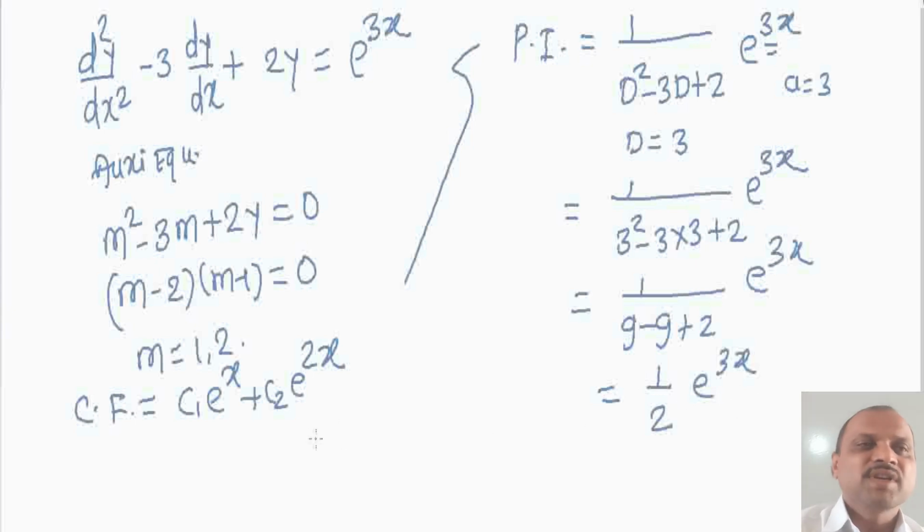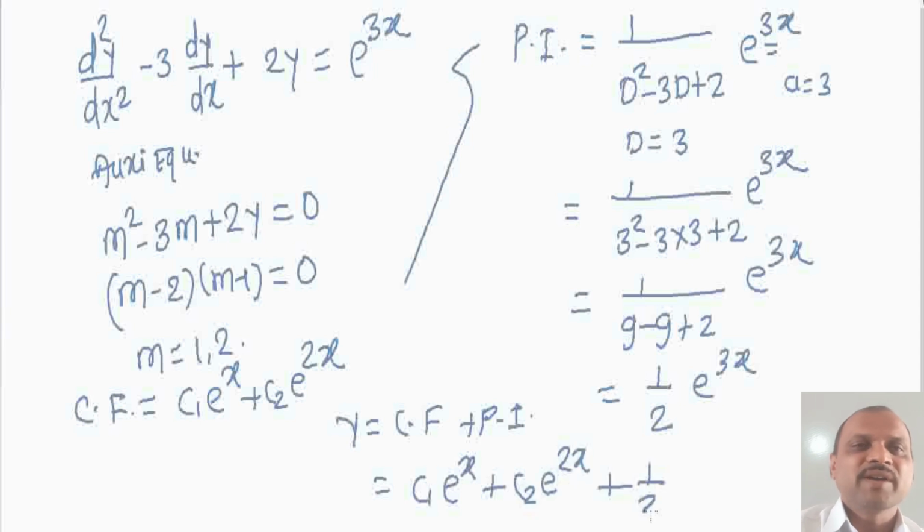Hence the solution is y equals complementary function plus particular integral: c1 e raised to x plus c2 e raised to 2x plus 1 divided by 2 e raised to 3x. This is the solution of this differential equation.